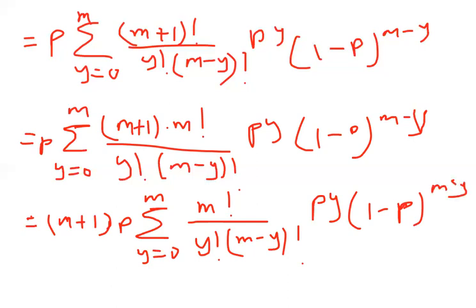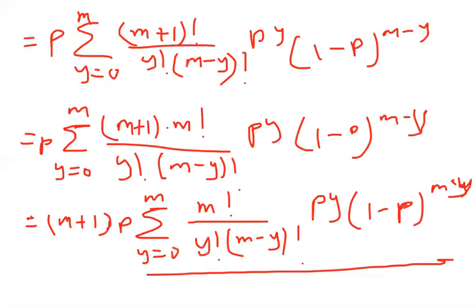So let's focus on this expression here. It can be written as m plus 1 multiplied by p, summation of, when you look at this expression, m factorial over y factorial m minus y factorial is the same as what?